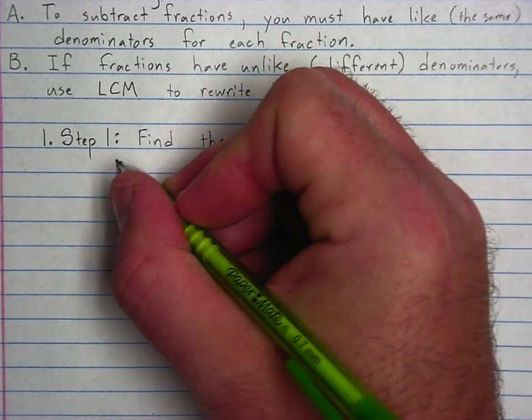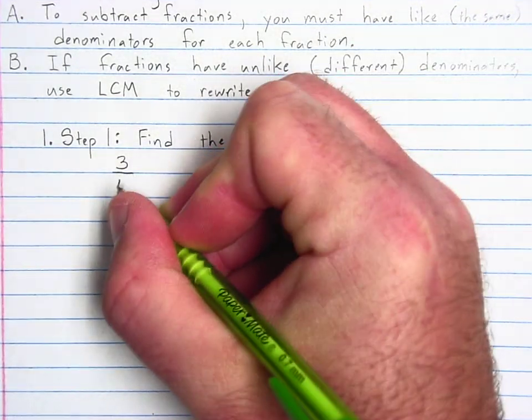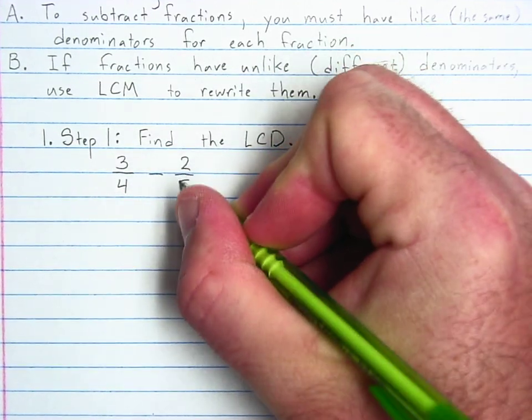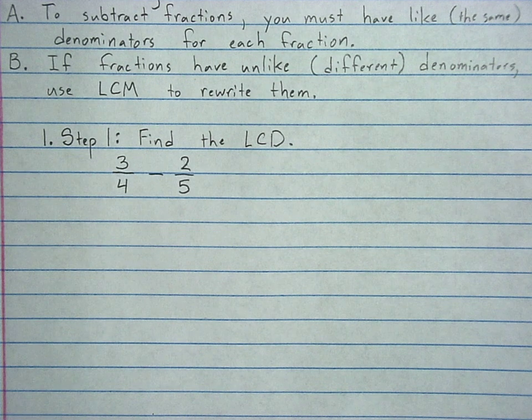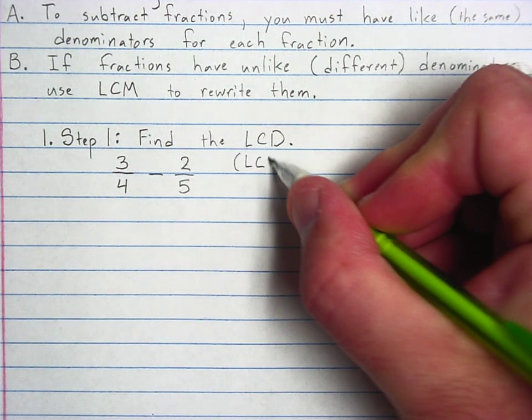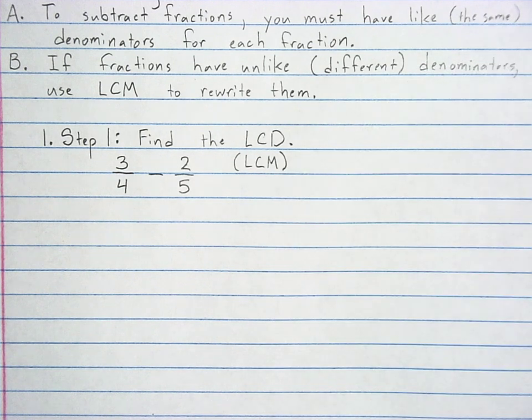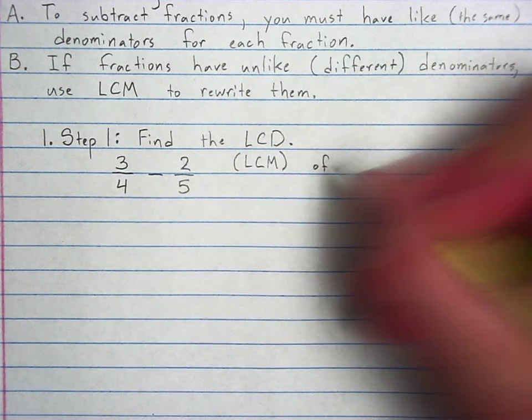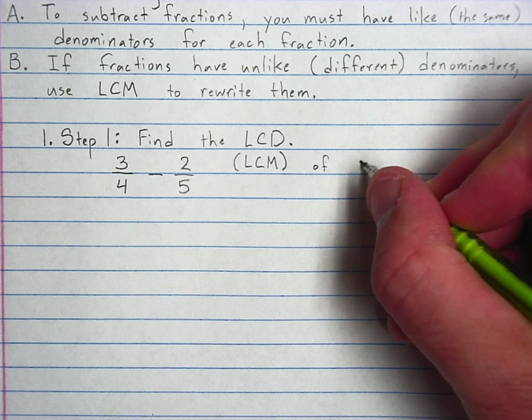So, for example, if I give you 3/4 minus 2/5, we want to find the least common multiple of those two denominators.